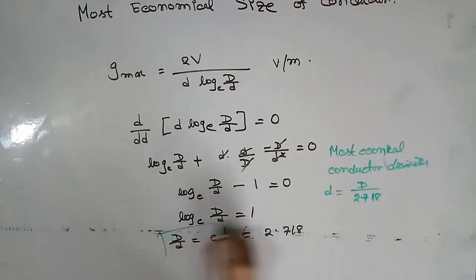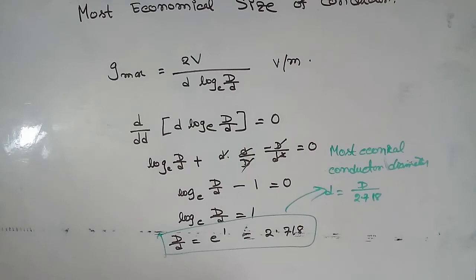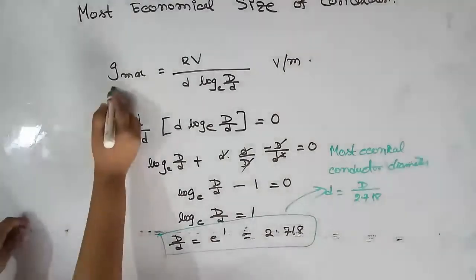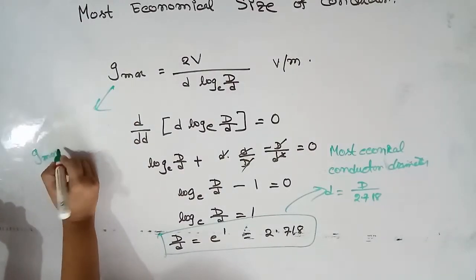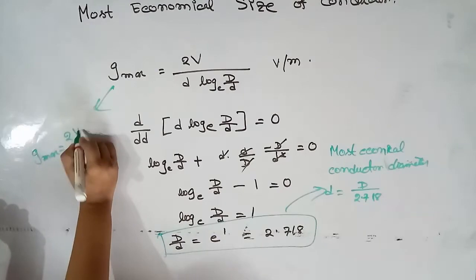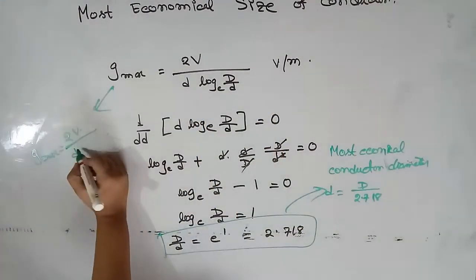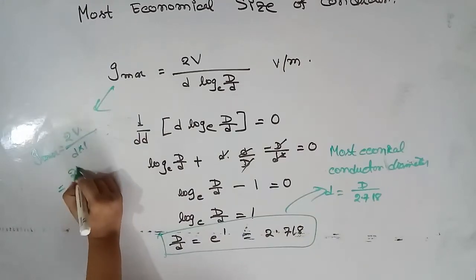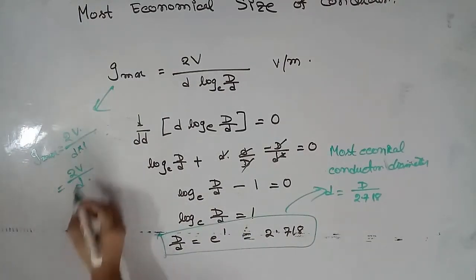From this we can write this. Now the value of G max under this condition is G max is 2V by d, and this is equals to 1. So G max in this condition is 2V by d volts per meter.